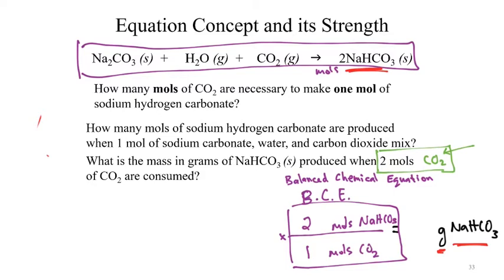Well, I still don't know what's going on with the grams of sodium hydrogen carbonate, so I'm going to leave that alone for the moment. I do know that I don't want moles of CO2, right? So the moles of CO2 are going to need to cancel with something. I'm going to place moles of CO2 in the numerator and hope that somewhere moles of CO2 show up in the given. Oh, sure enough.